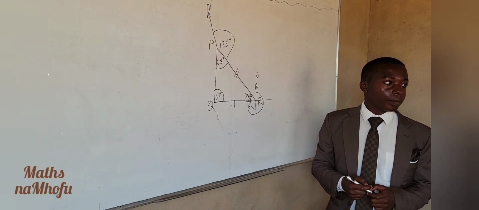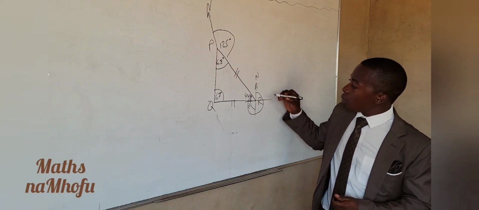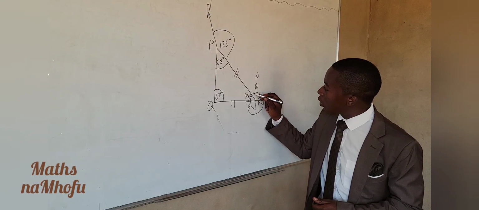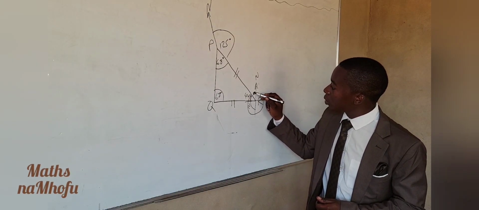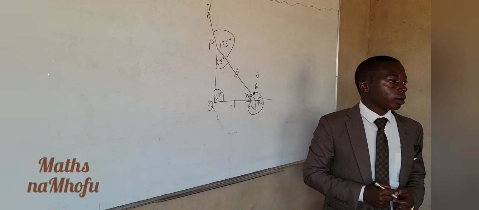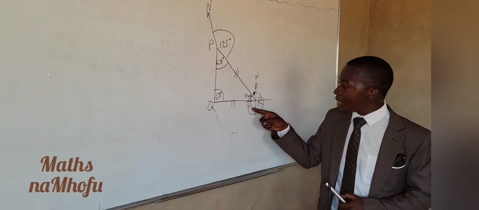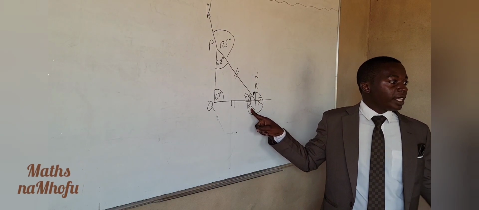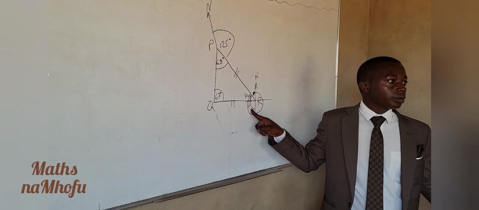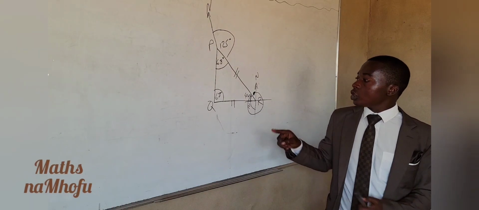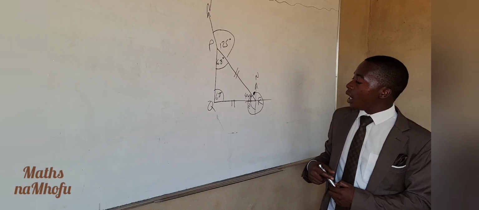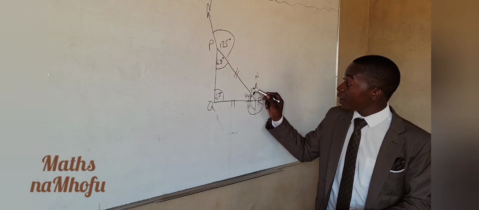Are we together? Yes. Now we have to know the size of this angle. How do you know that? You say 180 minus 125. What is the answer? 55.